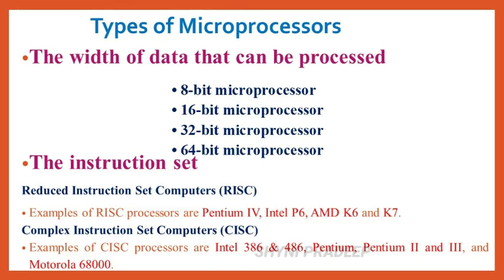Examples of reduced instruction set computer processors are Pentium 4, Intel P6, AMD K6 and K7. Examples of complex instruction set computer processors are Intel 386, Intel 486, Pentium 2, Pentium 3 and Motorola 68000. So this is about microprocessors.